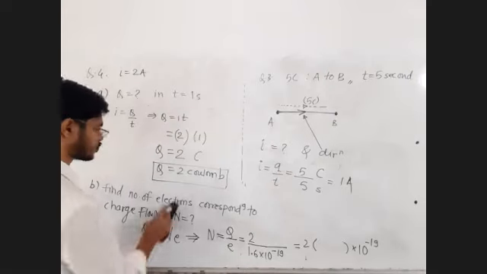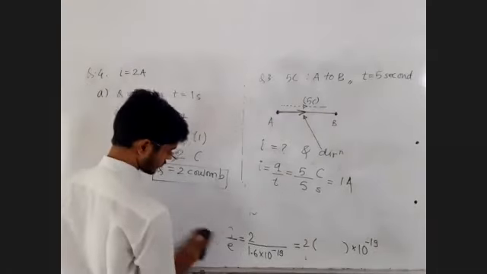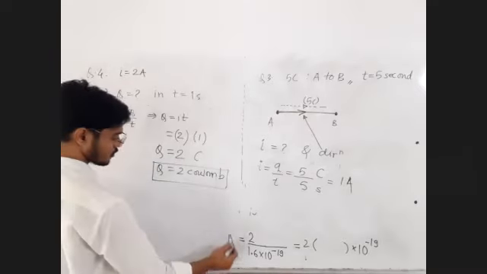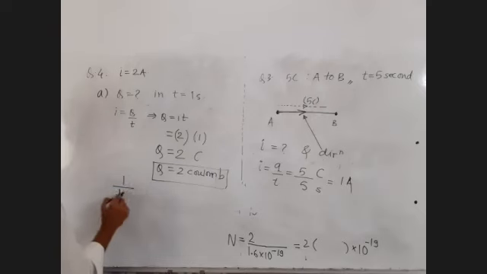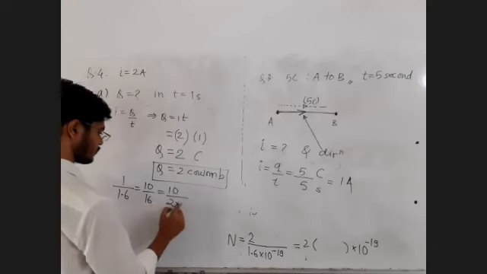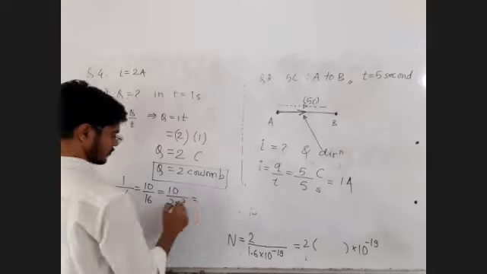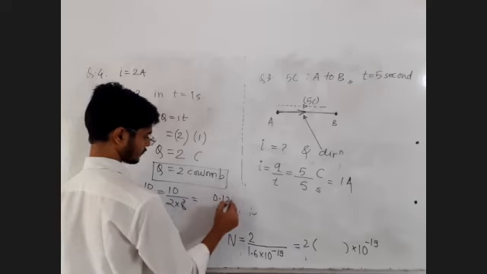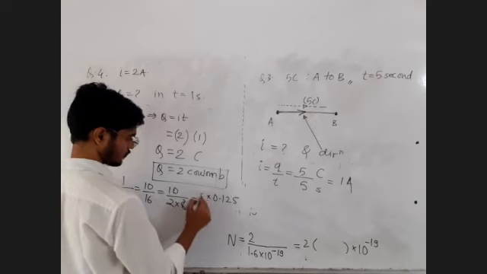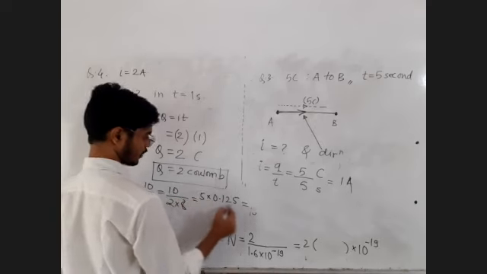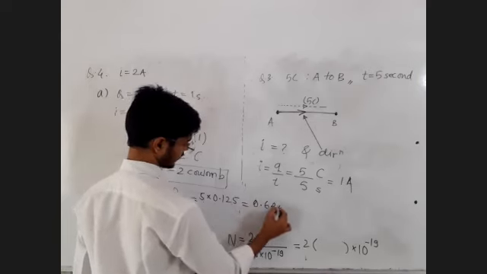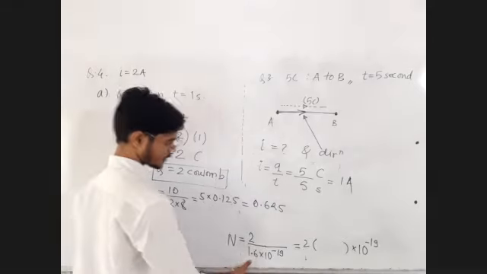It's not 1.2. How to find 1 upon 1.6? One by 8 is 0.125. 2 by 10 by 5, 10 by 2 is 5. 0.125 into 5 is 0.625. So 1 upon 1.6 is 0.625.